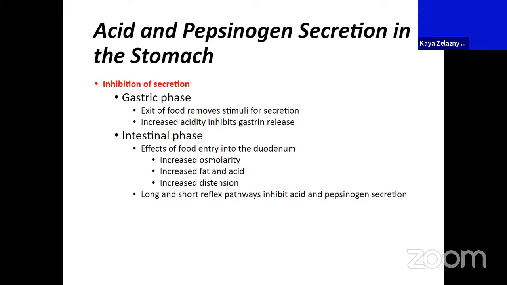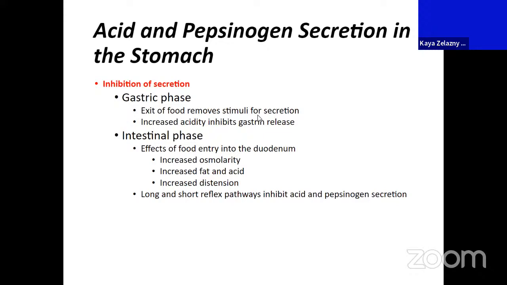All of that is to say, the effect of this is going to be, if your food's in the duodenum, you don't need to keep making stuff in the stomach to digest the food because it's not there anymore. So this is also inhibiting those gastric secretions, right? So ways we can inhibit acid and pepsinogen secretion, which are what we need in the stomach to digest proteins, are we can sense that the food left the stomach.